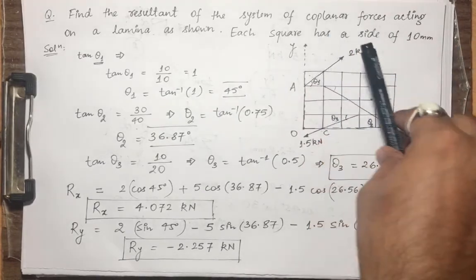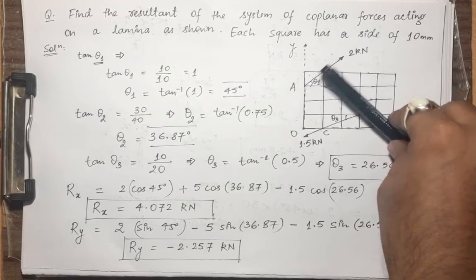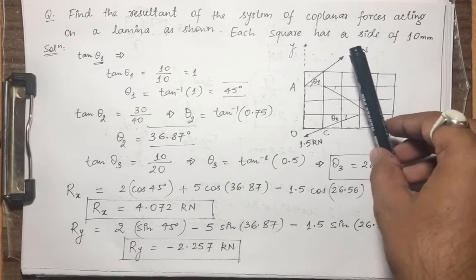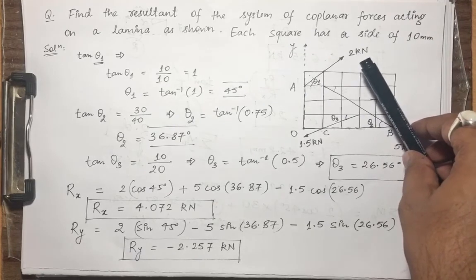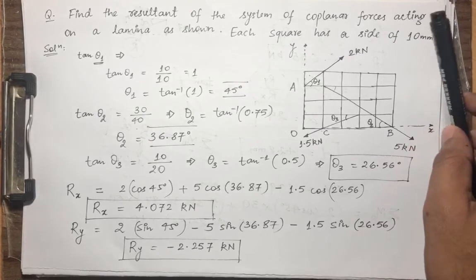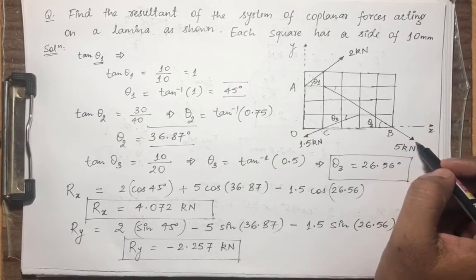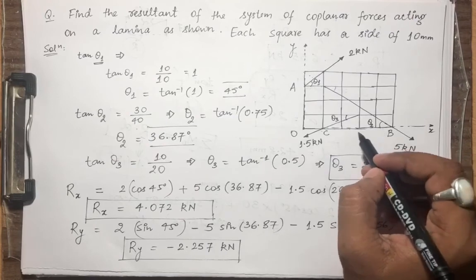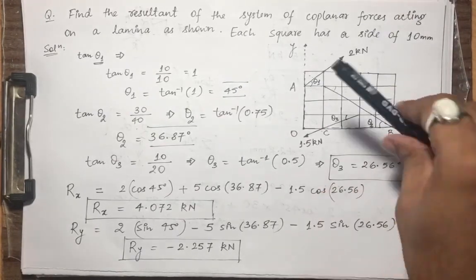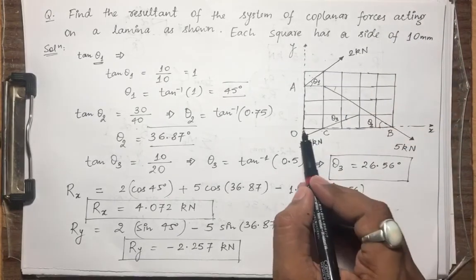If we take the x component, it is okay; the y component was 5 kilonewton into 50. We are taking the y component and multiplying it by this distance.